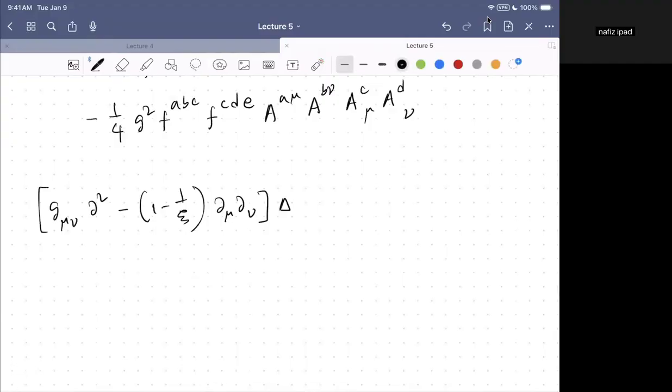Now this operator has two indices, so your propagator will also have these two indices. Furthermore, your propagator will also have Lie algebra indices. I will tell you why momentarily. But the dependence on these Lie algebra indices is very simple. It's just a Kronecker delta.